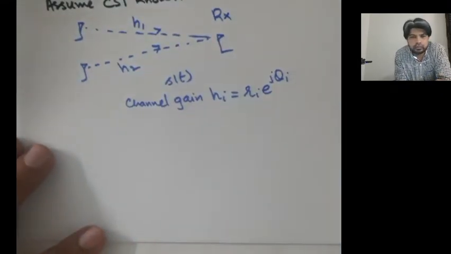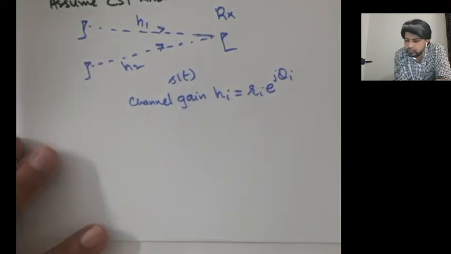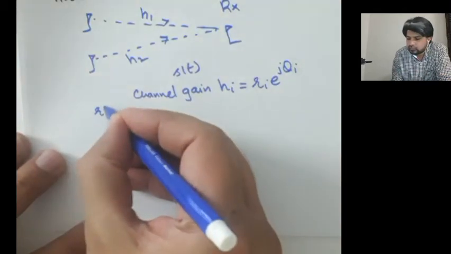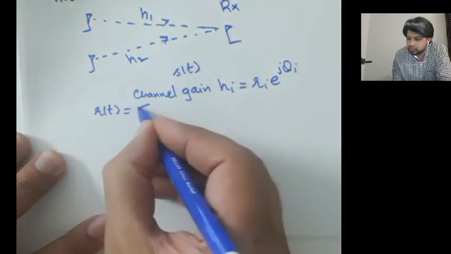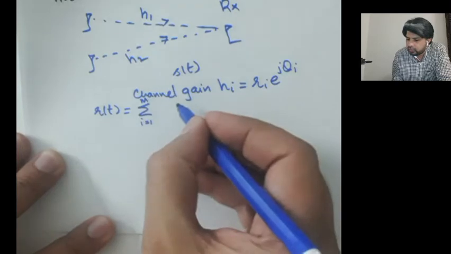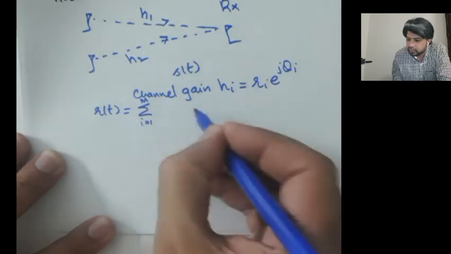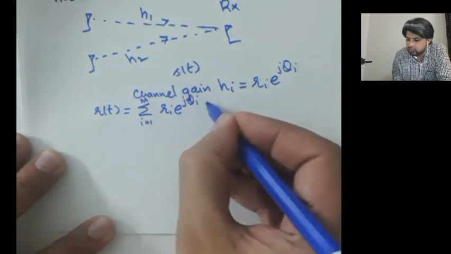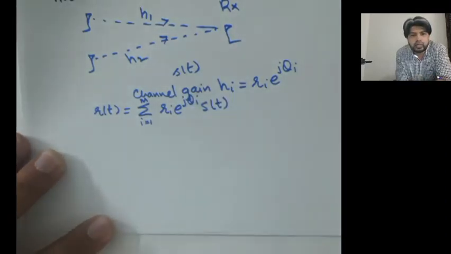So don't confuse this with the received signal. If S of t is your transmitted signal, then your received signal R of t would be equal to the summation i equals 1 to M of your channel gain Ri e to the power j theta i times your transmitted signal S of t. So that is your received signal.